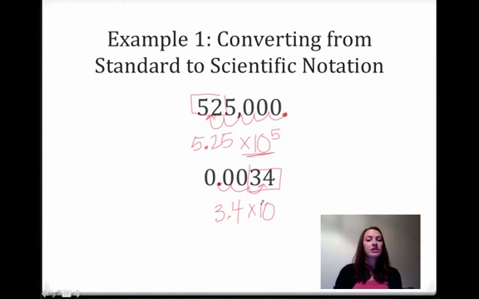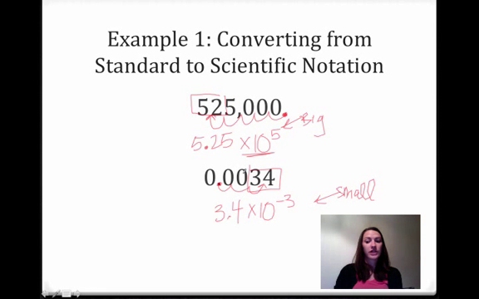But this time it's not going to be just 3. It's going to be negative 3 because this is a small number, okay? This is going to be a small number because it's negative. And here, this is a big number, so it's going to be positive. All right? So you guys see the difference between the negative sign and the positive sign in those exponents.